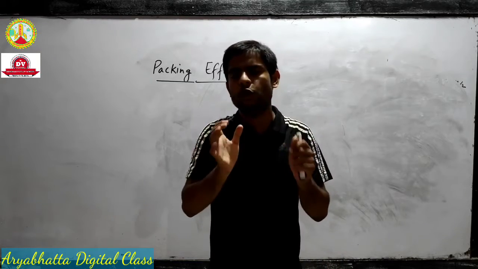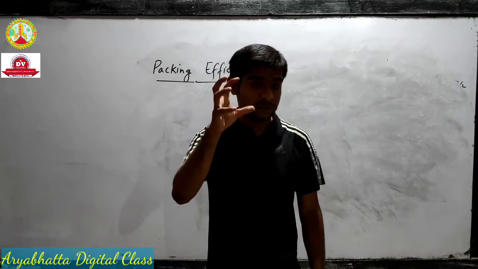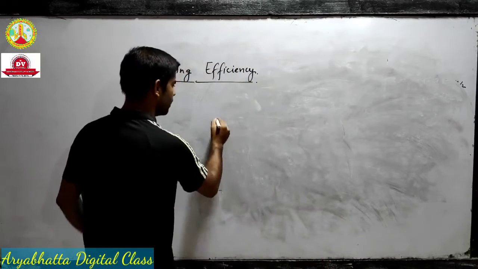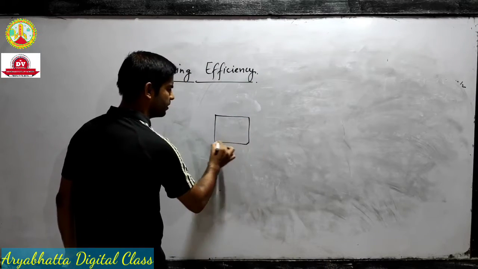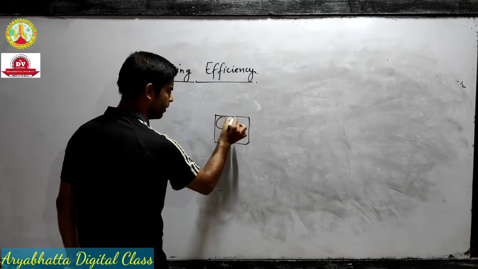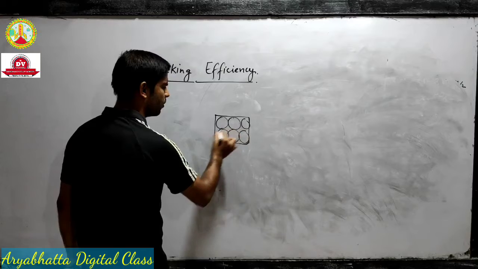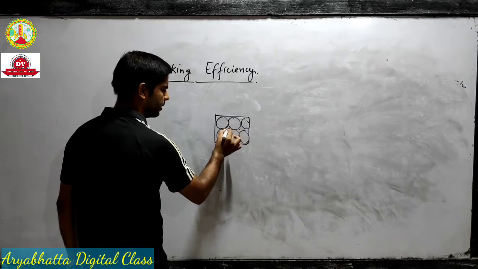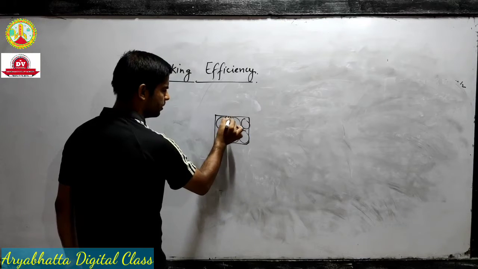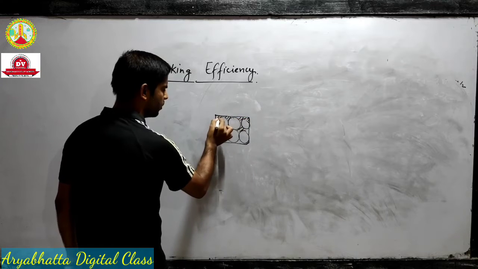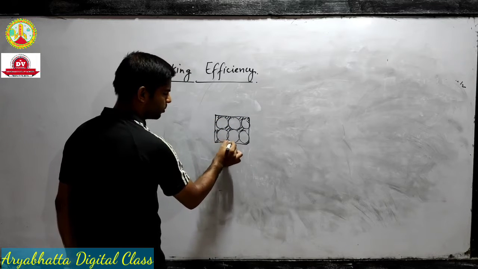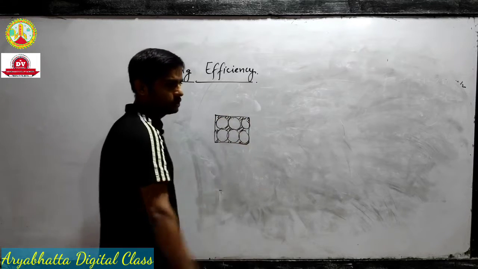Since the carton is cubical and the balls are spherical, a few gaps will be there. This is a gap, this is a gap, here is some gap. So there are some leftover gaps that have not been used.